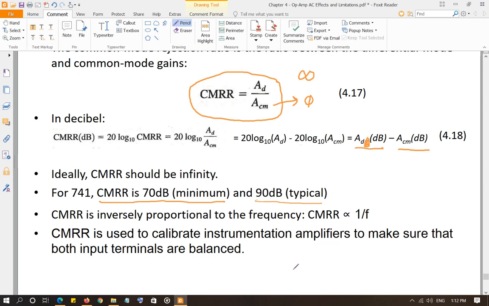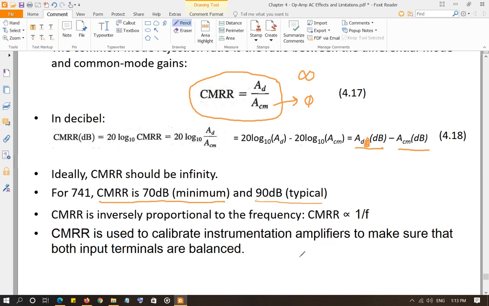And why do we use CMRR? In general, we use CMRR to calibrate the operational amplifier, especially if you're using an instrumentation amplifier made out of operational amplifiers. If you have an instrumentation amplifier, you want to make sure that the output is 0 when you apply the same input. Again, why? Because the operational amplifier is a differential amplifier.